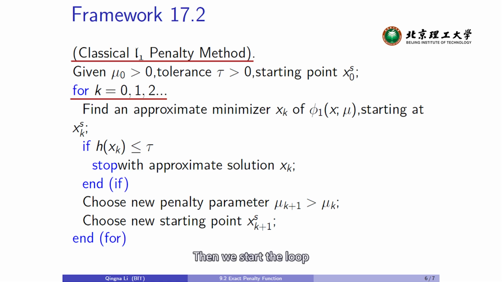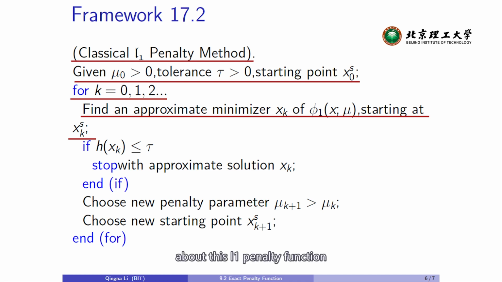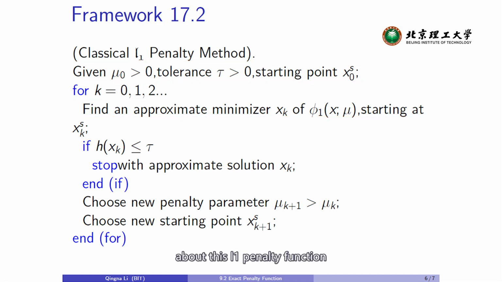Then we start the loop. In each iteration, we find an approximate minimizer of this L1 penalty function with the starting point at xk.